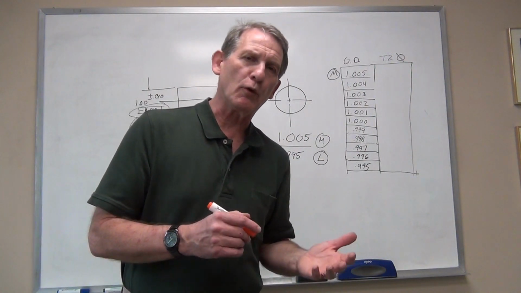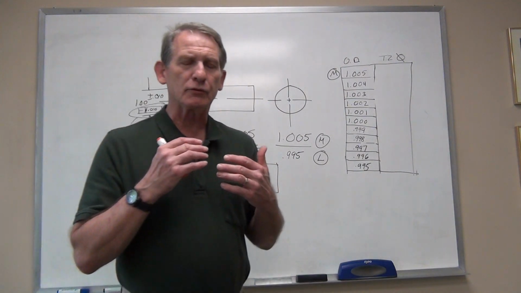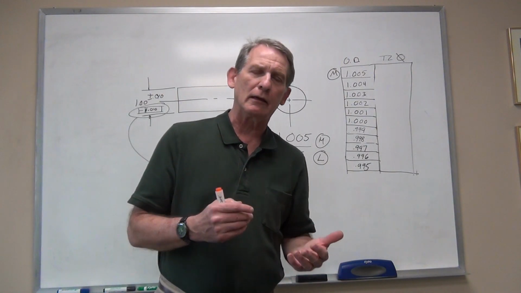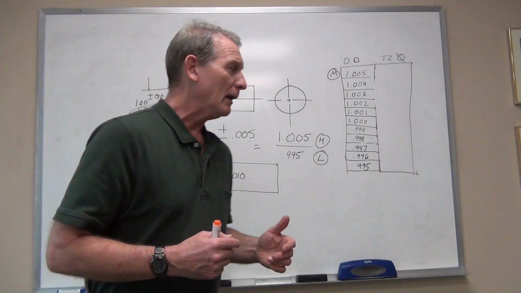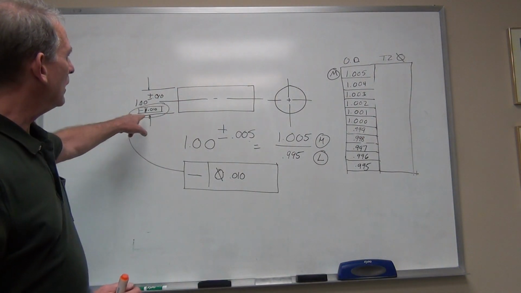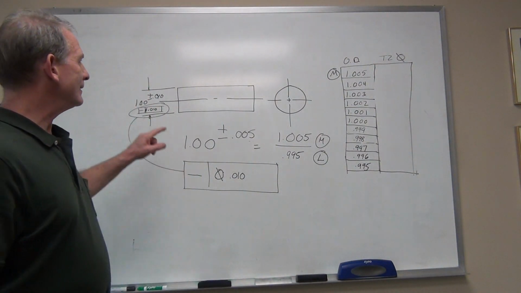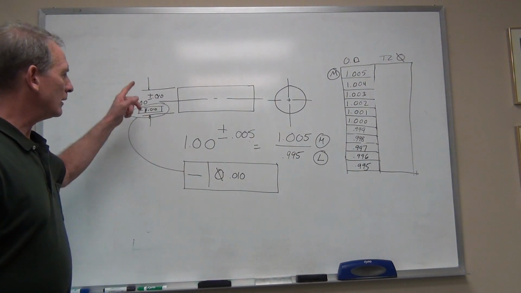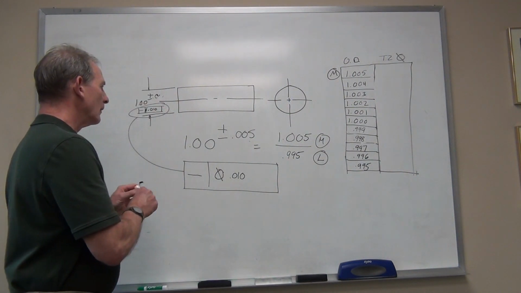You remember from form we had control of surface elements and derived median elements. The derived median element of the shaft is its center line, and we know that we're controlling the center line because the feature control frame is attached to the size dimension of 1 inch plus or minus 5.